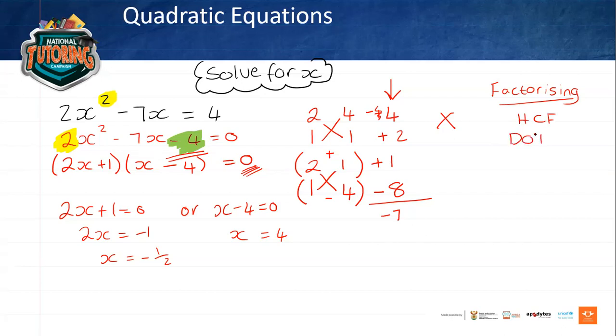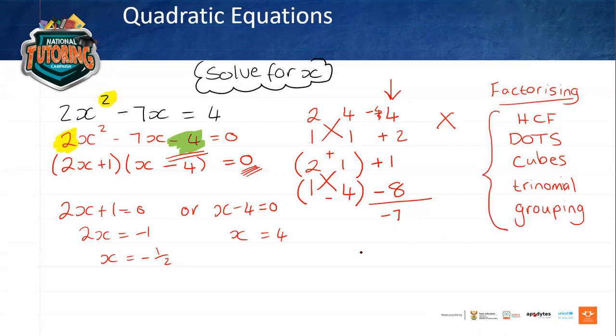Then you could look for the difference of 2 squares, or maybe the sum and difference of cubes. And then you've got your trinomial types or your quadratic trinomials, which is like the one we did now. And you've also got your option for grouping. So those are your different factorizing techniques, and you need to make sure that you're comfortable with them so that you can apply them to your quadratic equations.